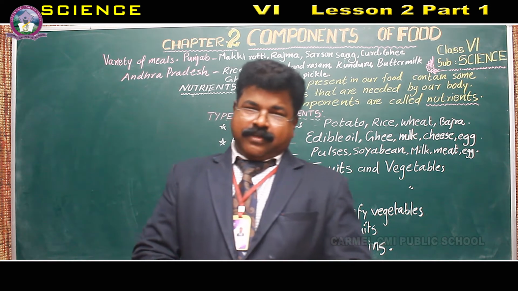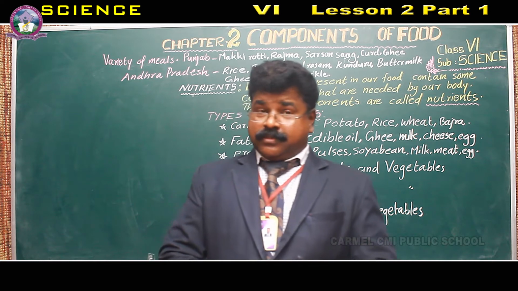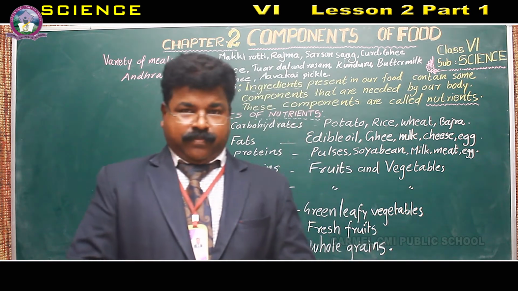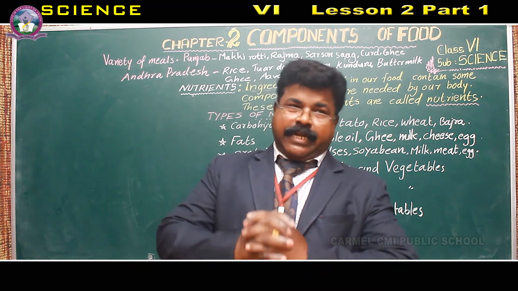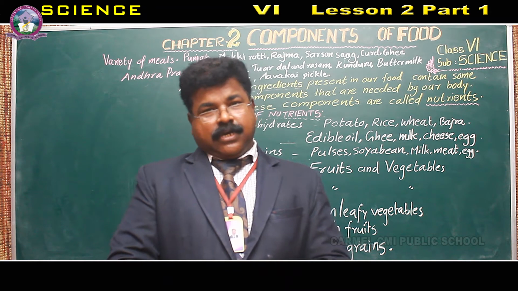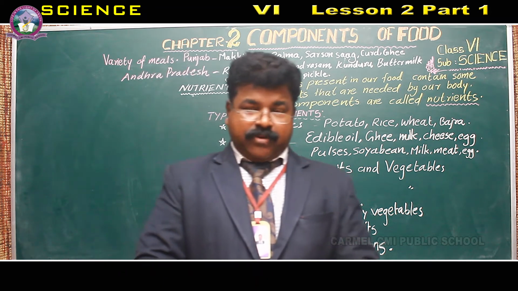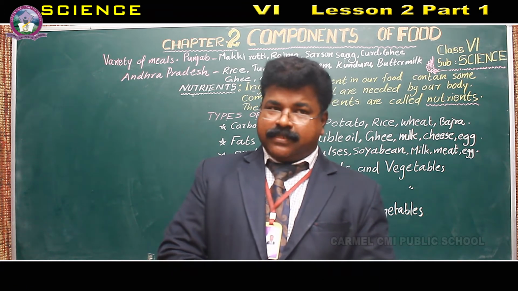Okay, so in the last class we have studied about food, where does it come from? Do you remember those portions? And we have also studied different topics of the same chapter, like food and the ingredients present in different food items and the sources of these ingredients.